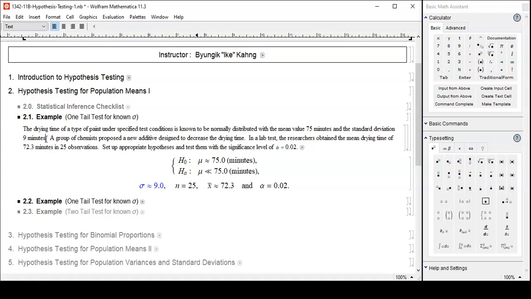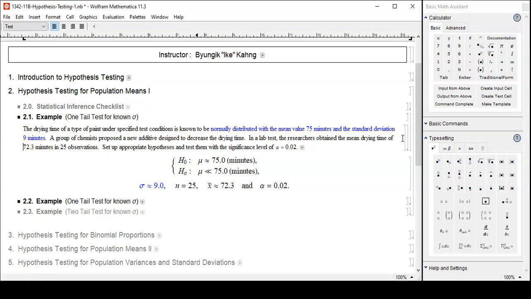This information came along with a null. Read the problem again. Known to be normally distributed with the mean of 75 minutes and the standard deviation of 9 minutes. This information came along with a null. It did not come with a sample.